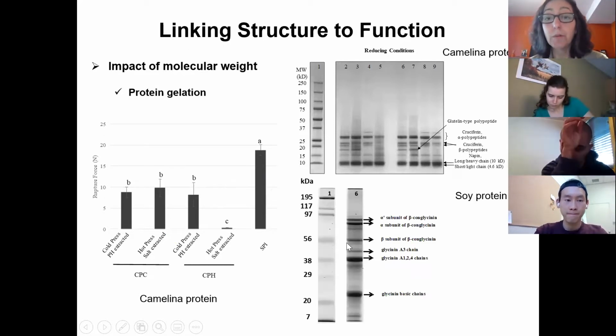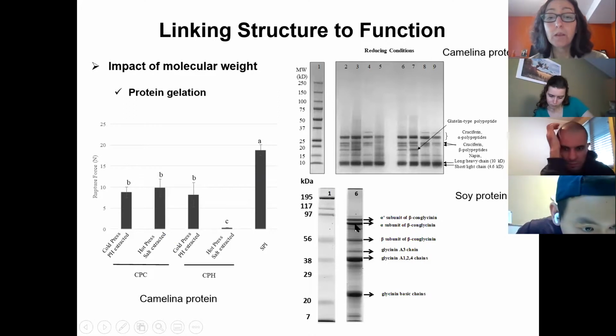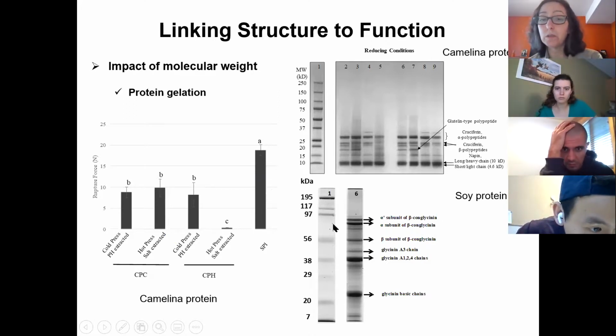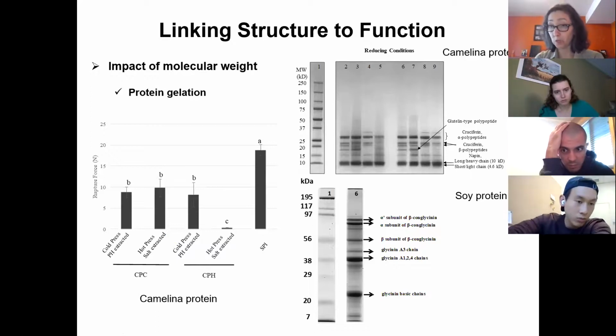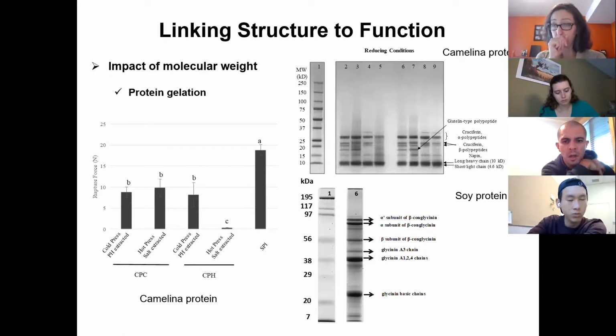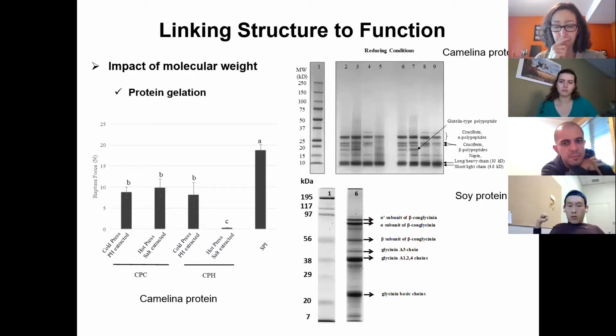If we compare it to soy protein, you have high molecular weight proteins here, close to 100. And these are only the monomers. They do form larger quaternary structures, but the monomers themselves are larger in molecular weight.